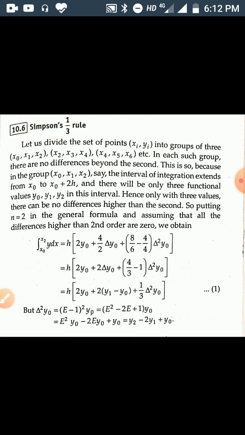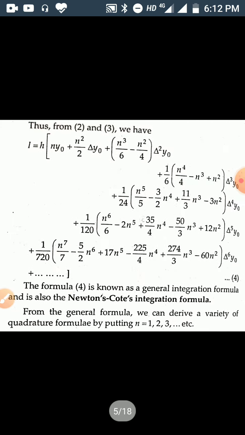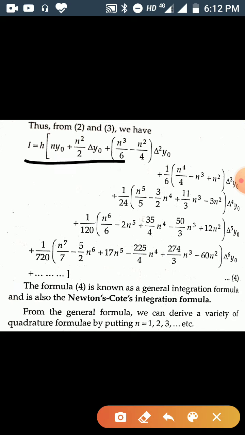So putting n is equal to 2 in the general formula and assuming that all the differences higher than second order are 0, we obtain integration x0 to x2 y dx is equal to h times, putting n is equal to 2, 2y0 plus 4 by 2 delta y0 plus (8 by 6 minus 4 by 4) delta square y0. This is the Newton's Cotes formula, that is in equation 4. Here you have to put n is equal to 2 and second and higher differences are negligible.